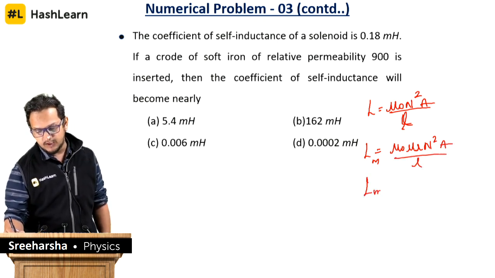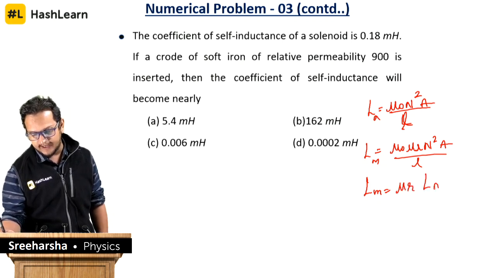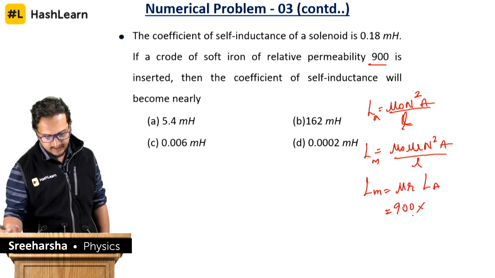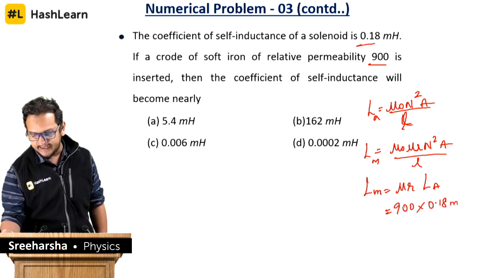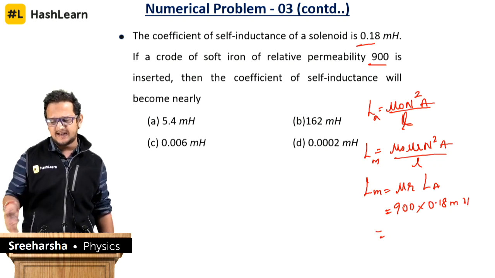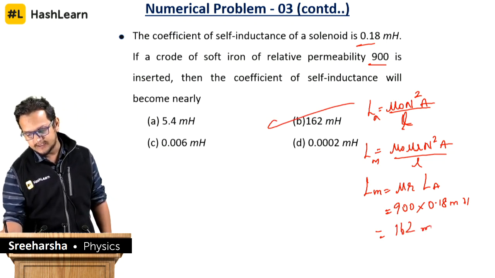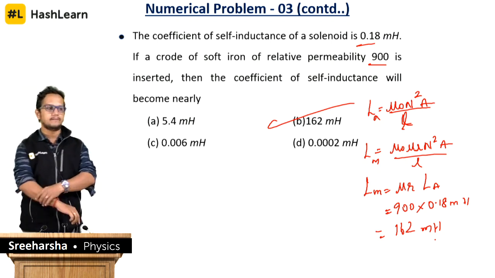So L in the medium equals mu R into L in air. Mu R value is 900 and the self-inductance in air is 0.18 millihenry. If you solve this, you get 18 into 9, which is 162 millihenry. So the answer is 162 millihenry, students. That is option B.